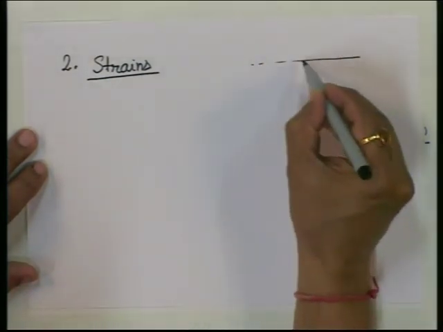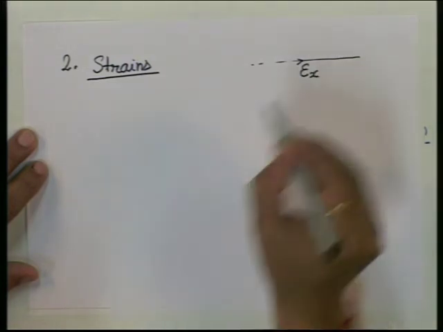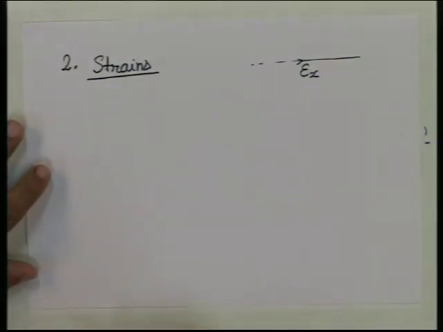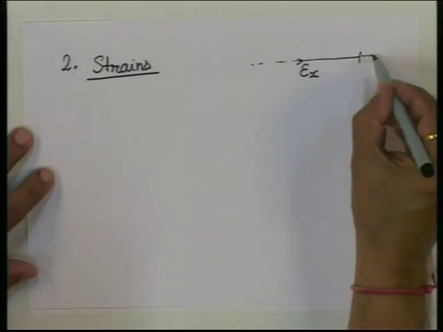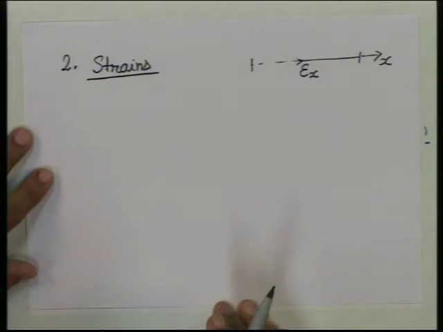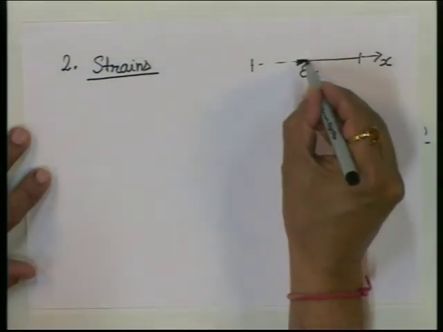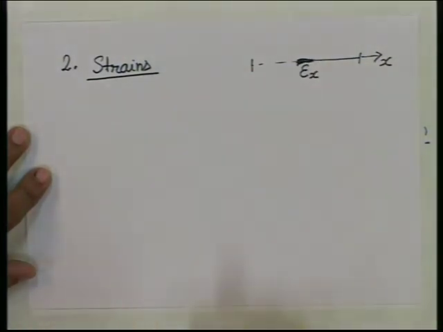So, in an axial rod, the only strain component present is epsilon x along the length, because this is the x direction. It is only epsilon x, there is no arrow here because strain is not a vector.